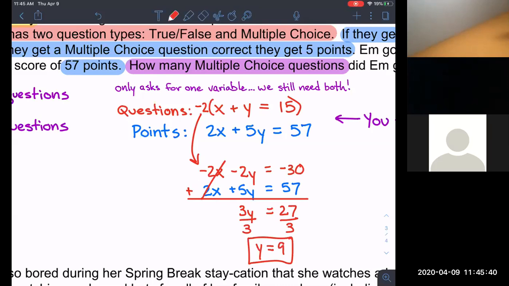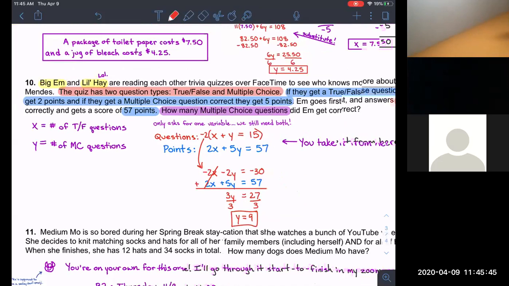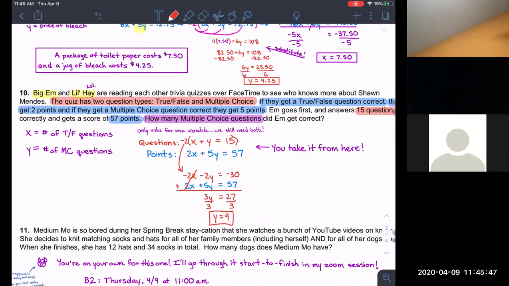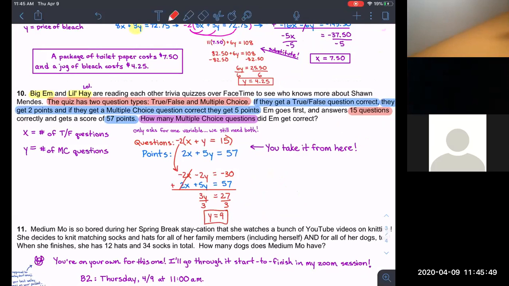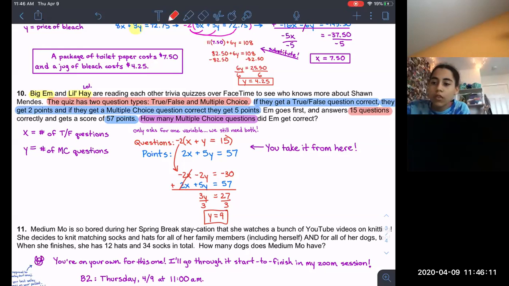Somebody tell me what that means in the context of the problem, if y equals 9. Number of MC questions, multiple choice questions. Right, the number of multiple choice questions is 9. There were 9 multiple choice questions on the quiz. So, can we answer the question?